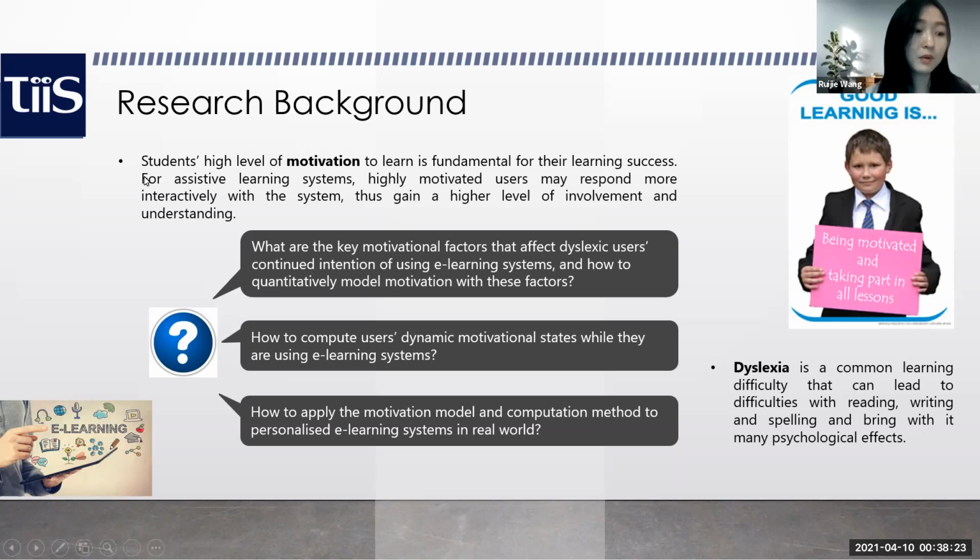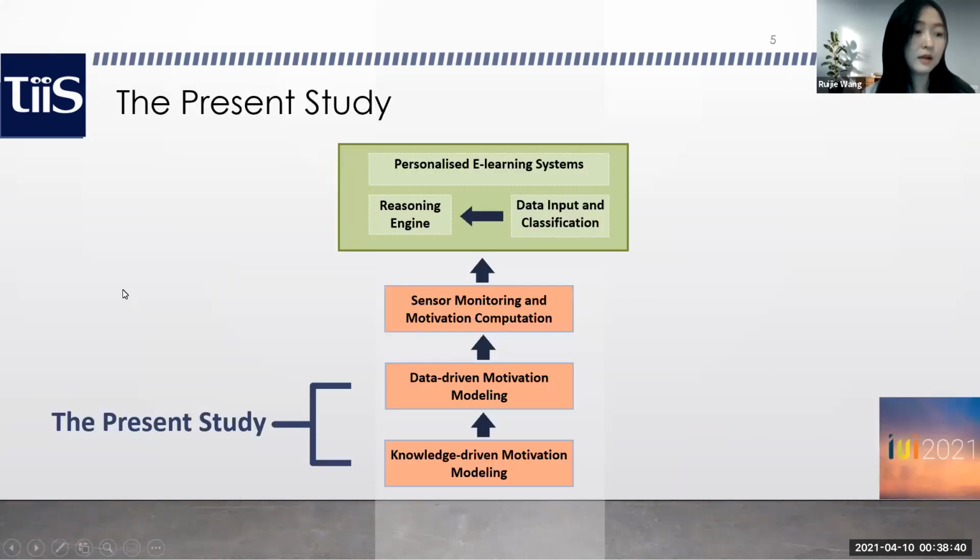As a first step, we want to investigate what are the key motivational factors that affect dyslexic students' continued intention of using e-learning systems, and how to quantitatively model motivation with these factors. This is the aim of the present paper.